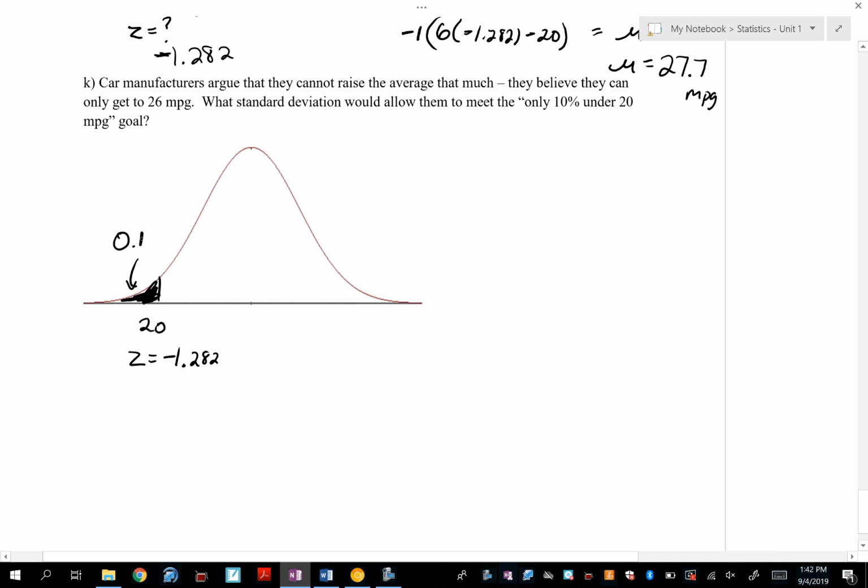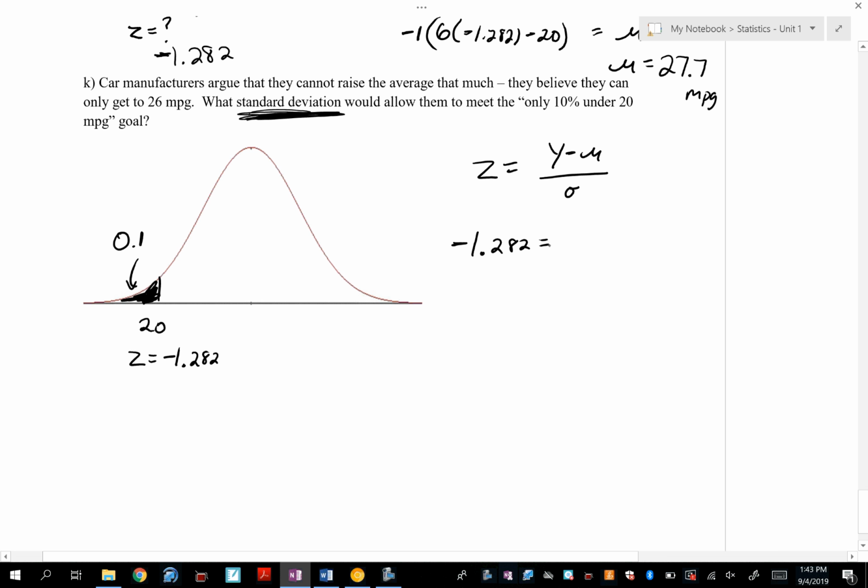Now it wants us to find what standard deviation do we need in order to attain this no more than 20 miles per gallon for the bottom 10%. So let's do the formula again so our brains can see what we know and what we don't know. We know a Z-score. What's our Z-score with 20? Negative 1.282.